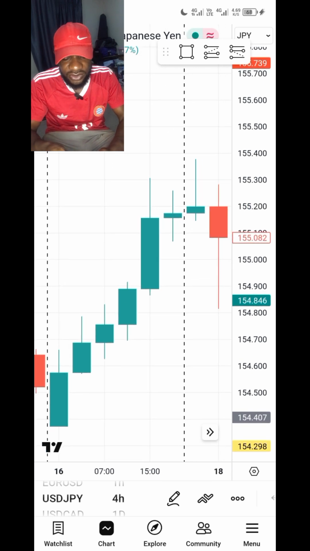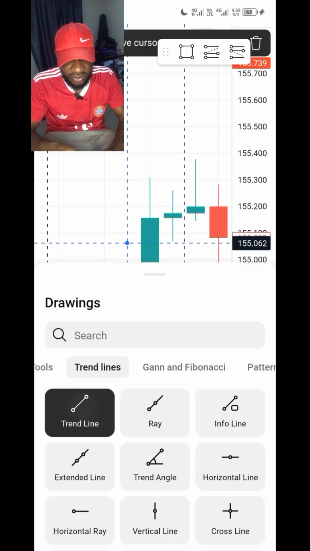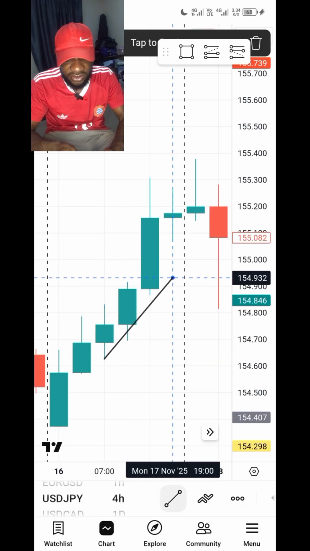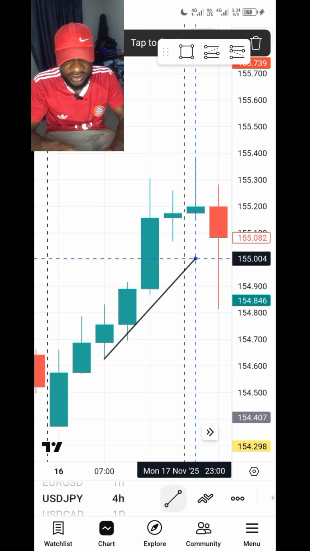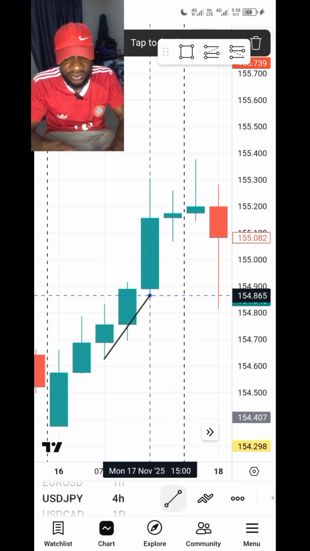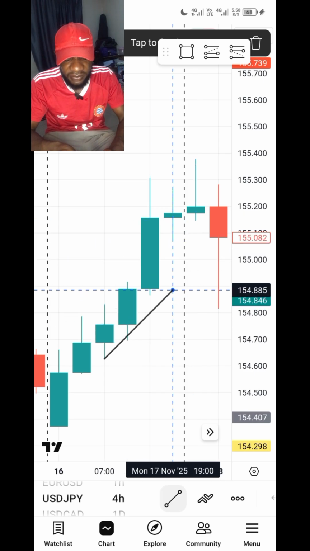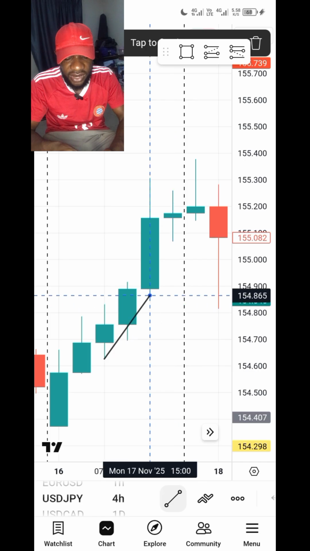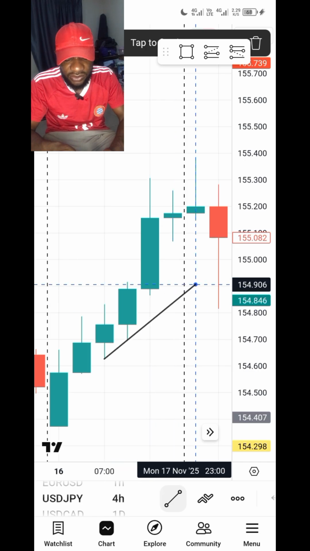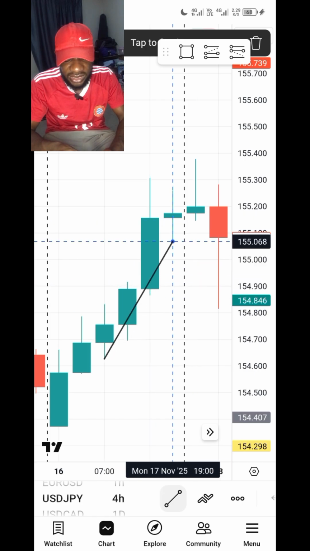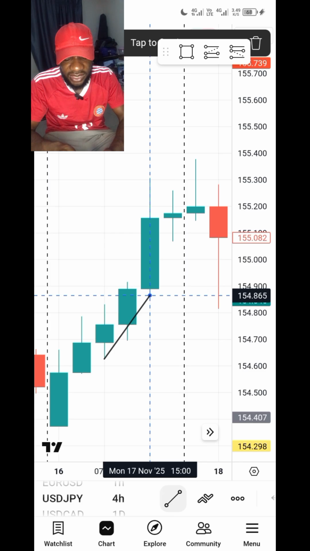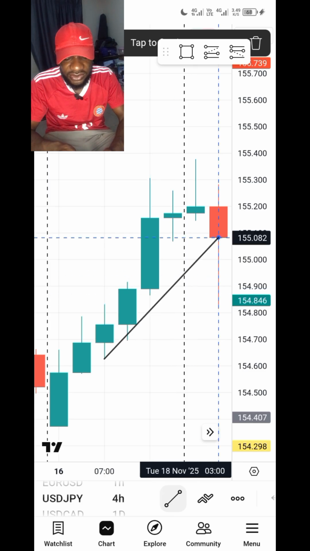Good. So what do you observe? You can see this candle came below all these three candles. Price came down here. Now why did price come below this candle before it started going up and closed here?